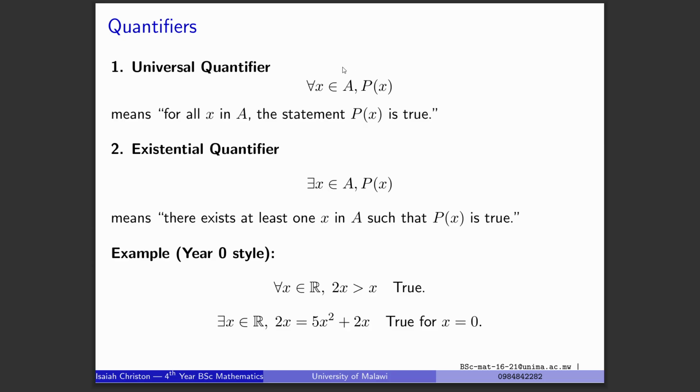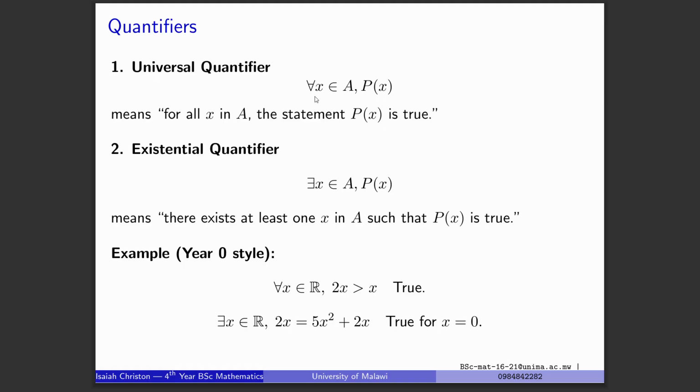For the universal quantifier, as I said earlier, it is denoted by the symbol inverted A, like this one, whereby we are saying for every x in the set A, P of x is true. This statement is read as for all x in A, the statement P of x is true.